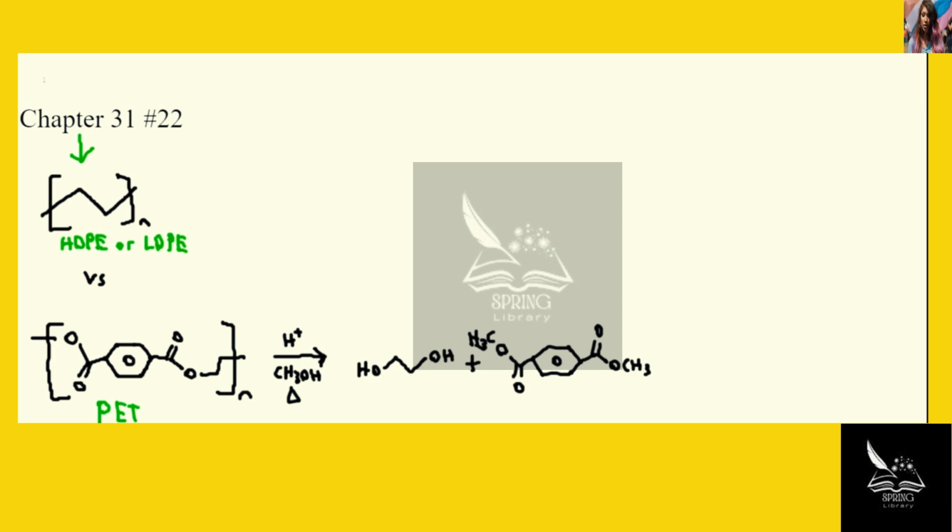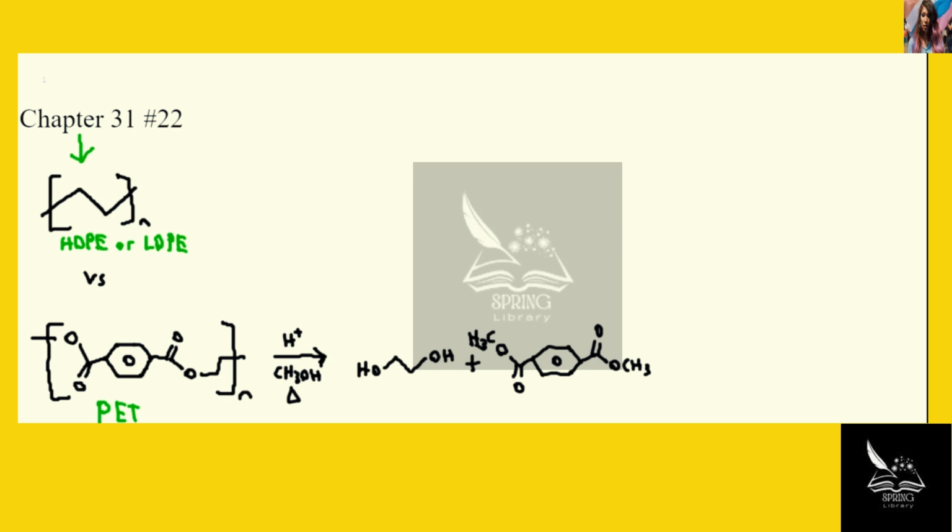Versus when we look at HDPE or LDPE, there's no good chemistry to break these carbon-carbon bonds, because the only types of bonds in HDPE and LDPE are carbon-carbon and carbon-hydrogen. So these ester linkages in the PET give us a handle or a point to attack with hydrolytic chemistry.